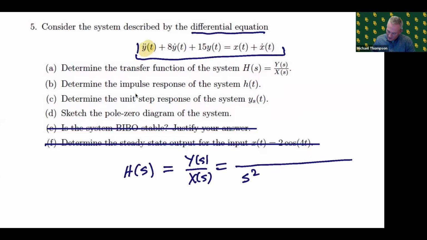Okay. Then I look at 8y dot. Okay, so if I see a dot, I put an s. And I have the coefficient 8, I forgot to put down. Okay, and then finally 15.